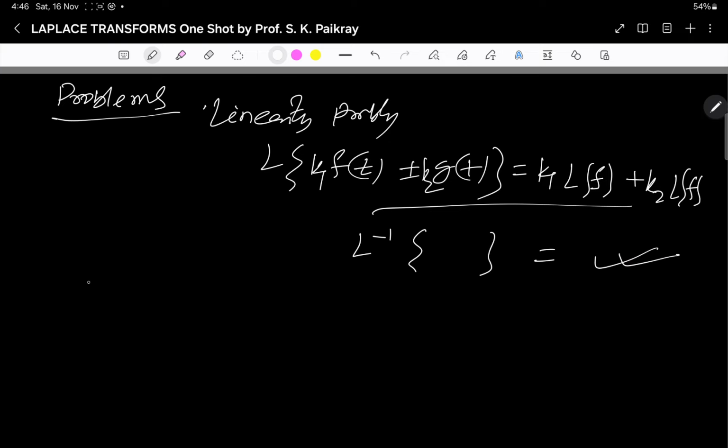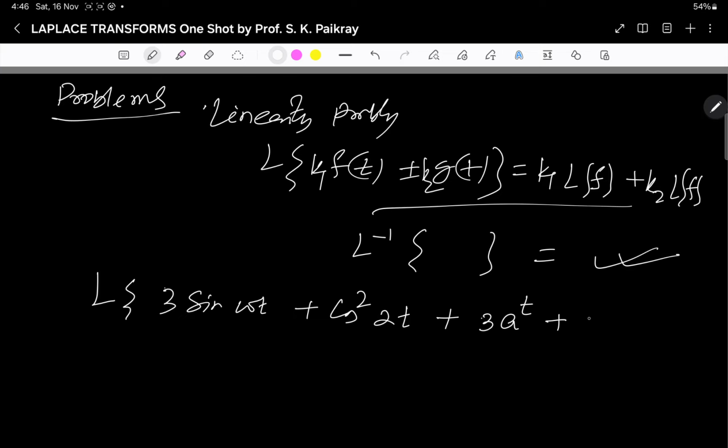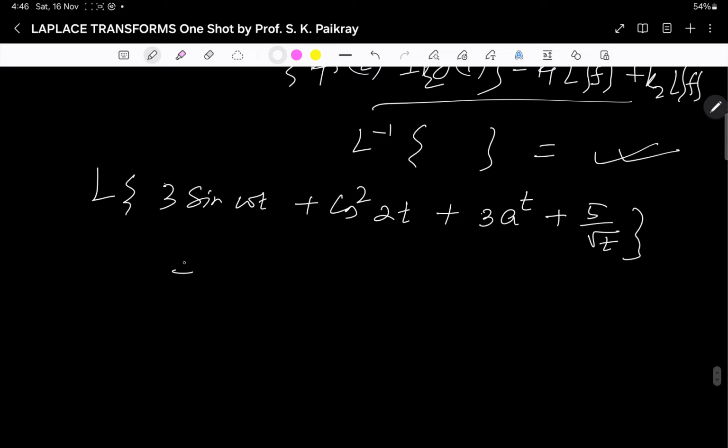Now if I ask you to find the Laplace transform of 3 sin ωt plus cos² 2t plus 3 a to the power t plus 5 by root t, then you separate them out.